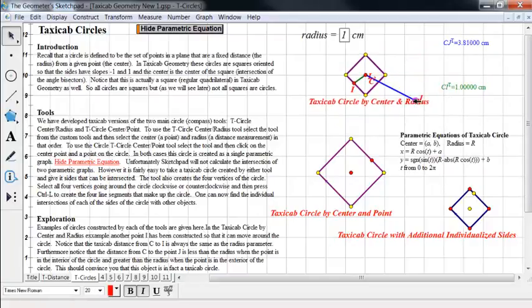Anywhere on this circle, it's a Euclidean square, oriented in such a way that the diagonals of the square are parallel to the coordinate axes. That's one way to say it. Or the sides are sloped with a slope of 1 or negative 1. But this goes around like this.